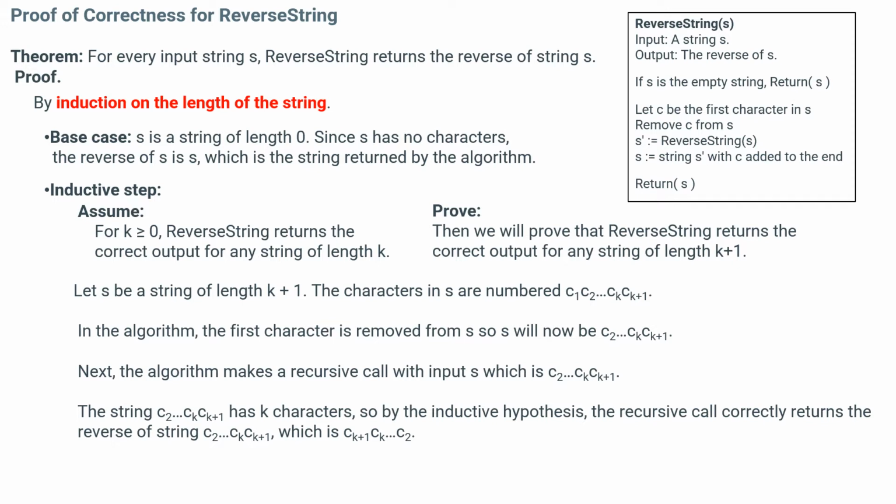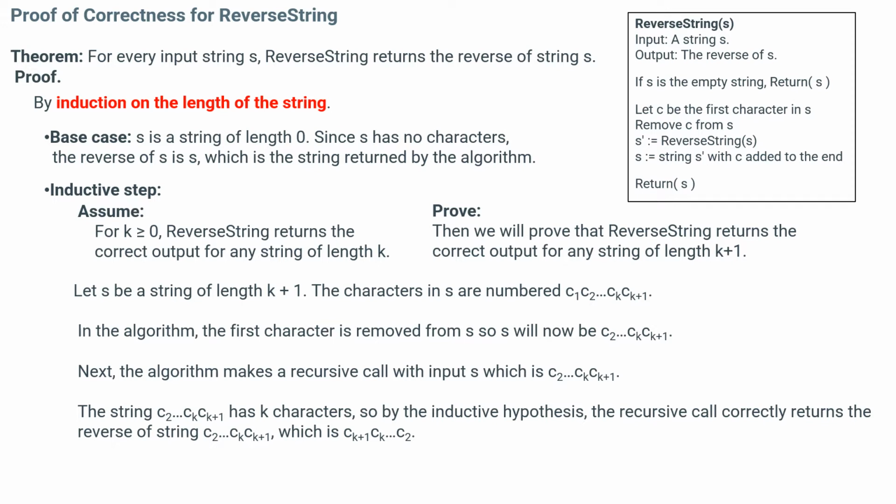This string that's left, C sub 2 up to C sub k plus 1, has k characters. And the inductive hypothesis is assuming that this algorithm works for any string of k characters. So we would have to assume that this algorithm works for this new string that starts with C sub 2 and ends with C sub k plus 1, that it really does reverse that, right?